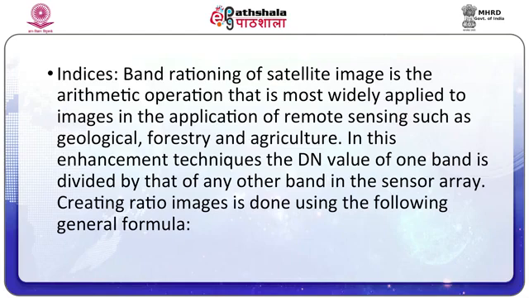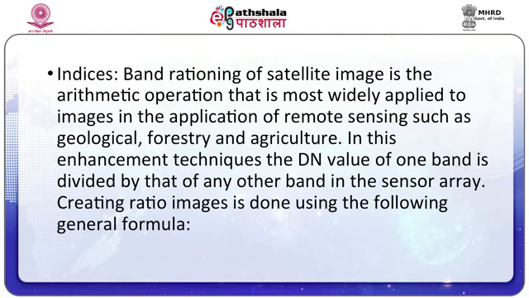Indices. Band ratioing of satellite image is the arithmetic operation that is most widely applied to images in the application of remote sensing such as geological, forestry and agriculture. In this enhancement technique, the DN value of one band is divided by that of any other band in the sensor array.